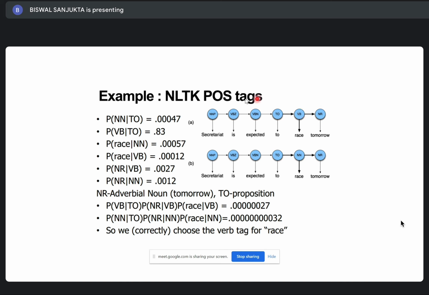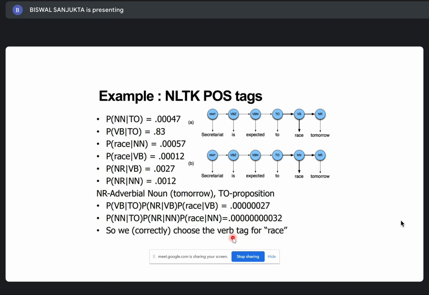As we see, all these portions are already constant. We can just exclude them from our probability calculation. We need to just take this portion and this portion, find the probability using this HMM rule, and then we can see the probability is higher in the case where race is a verb, right? So for this word race, the tag would be verb.